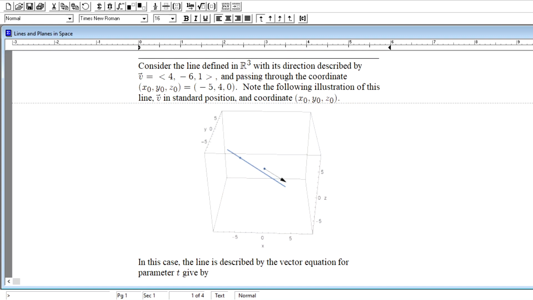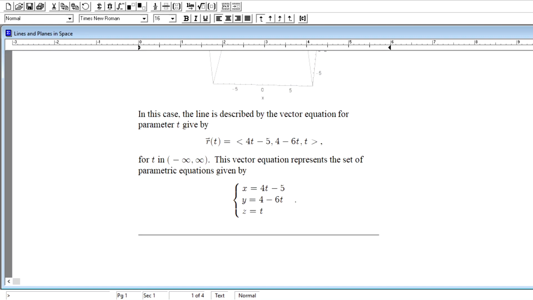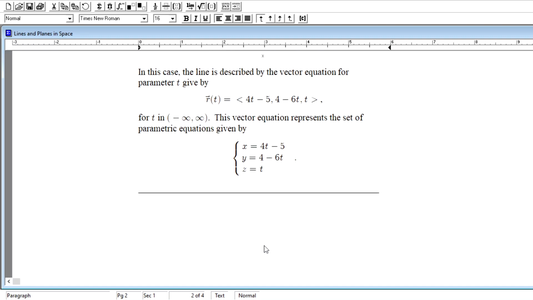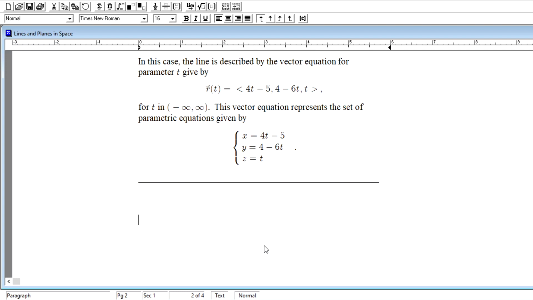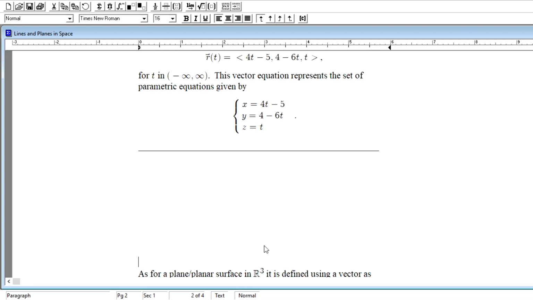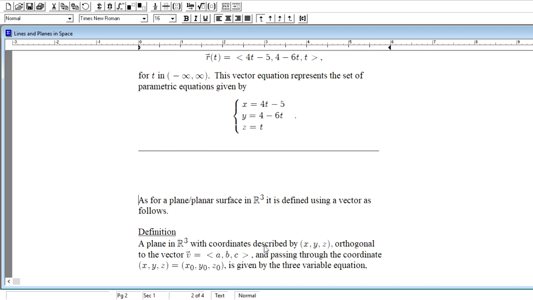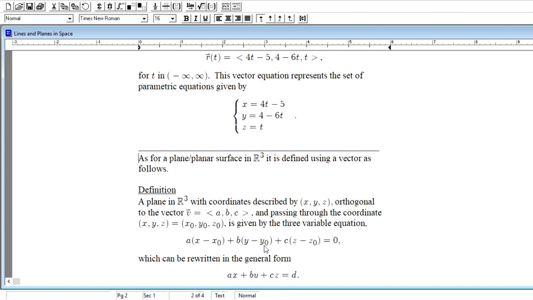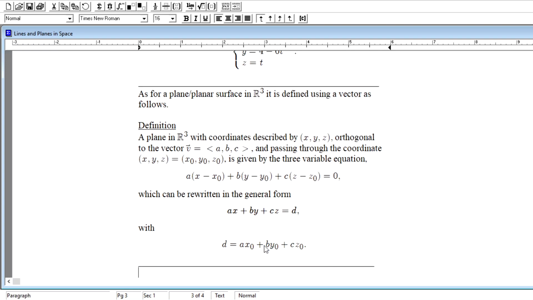Now, we do see something similar for planes, except a plane is not described by a vector valued function. It is described by a multivariable equation. In three-dimensional space, to describe a surface like a plane, you use a three-variable equation, and this is what we are forming in this definition.